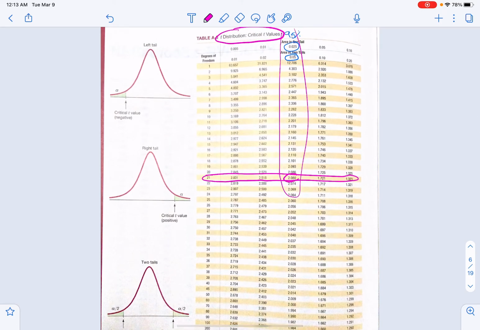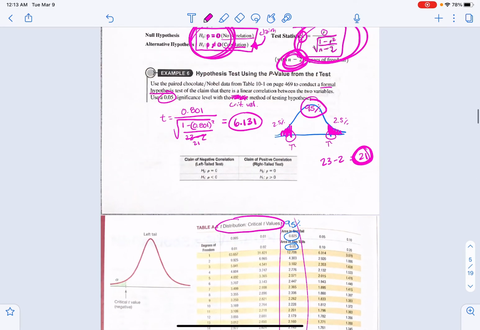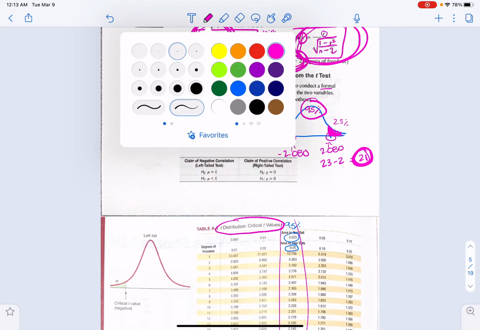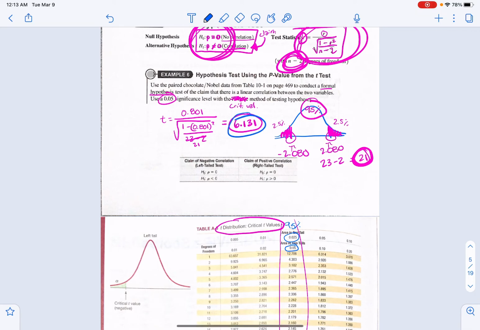So I'm looking at 2.080 and negative 2.080. And just like we thought, our 6.131 lives all the way out here in the dark region. And dark region means we're rejecting. So reject the null hypothesis. Okay.